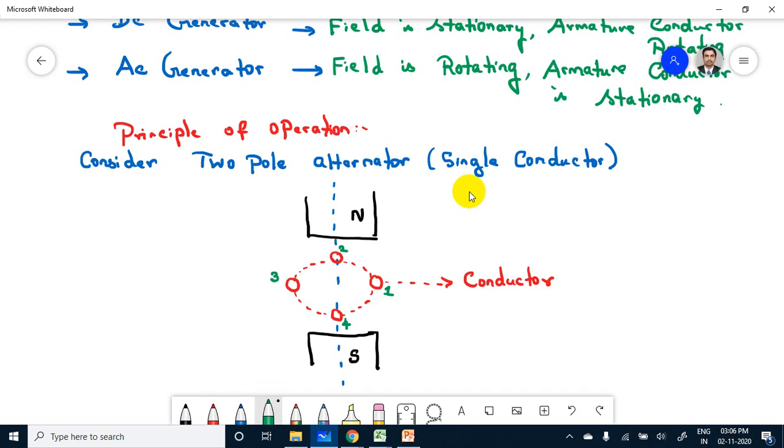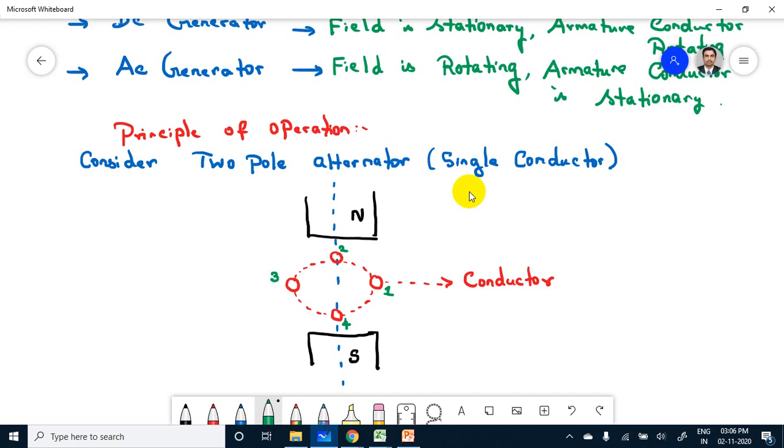So there are four conductors placed. Do you understand?